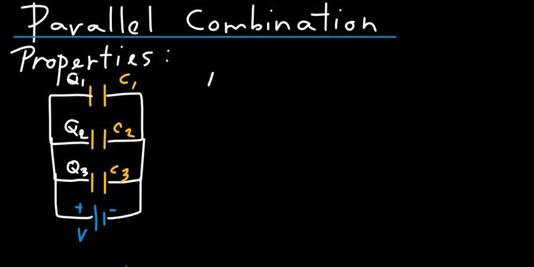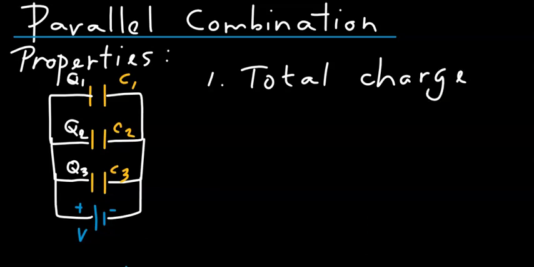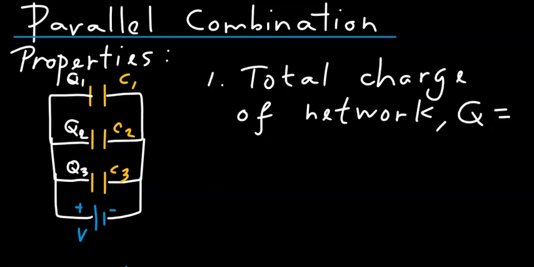Property number one that we need to know about capacitors in parallel is that the total charge of this network, meaning the network in which capacitors are connected in parallel, let's say Q, is just the sum of the individual charges, Q1, Q2, and Q3 in this case.